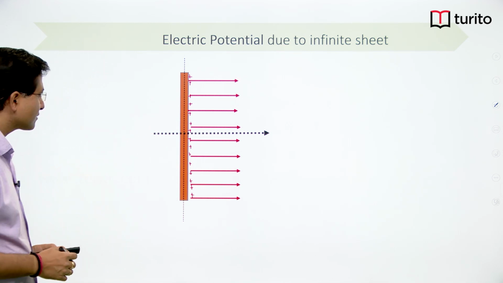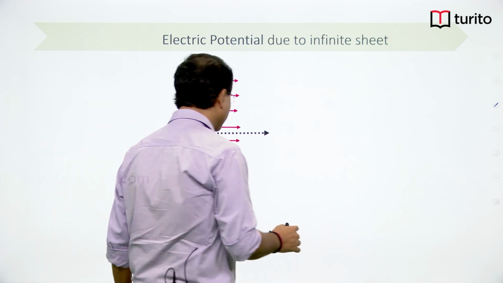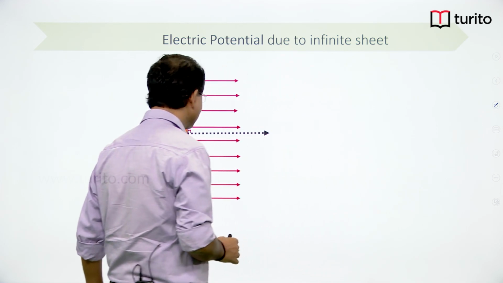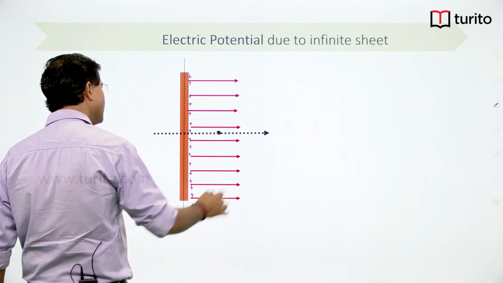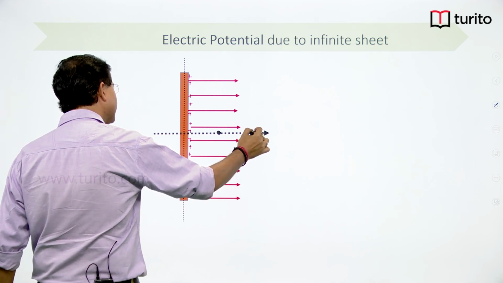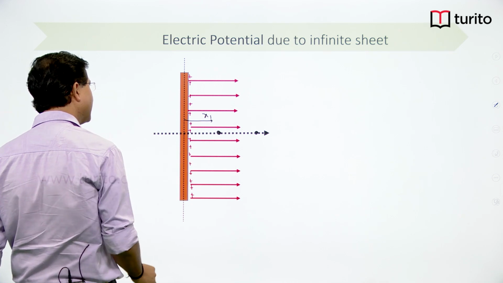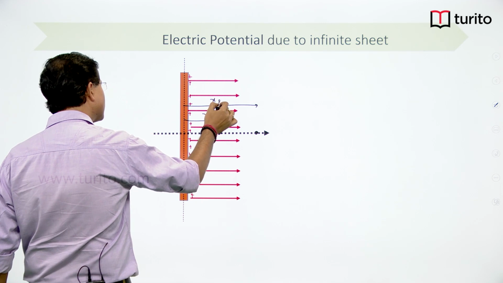Now, if I ask what is the potential difference between 2 points, say somewhere here and another point somewhere here, let this point be at distance x1 and the second point at distance x2.